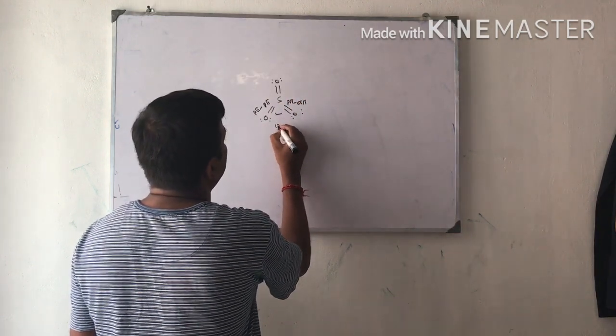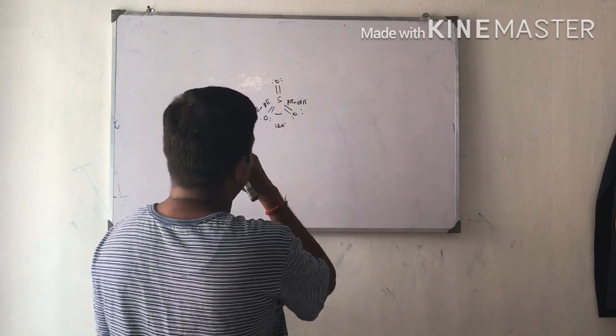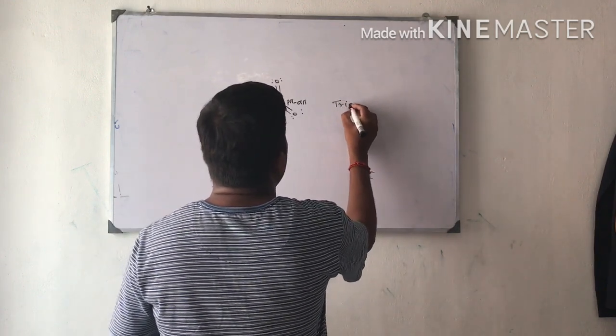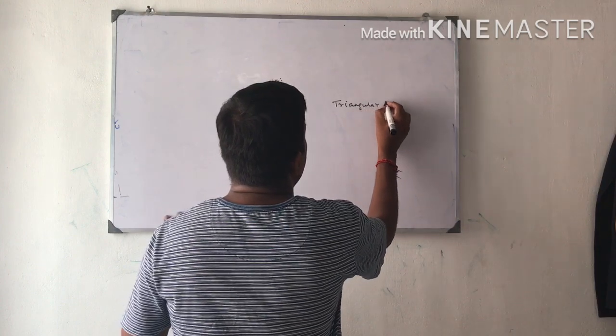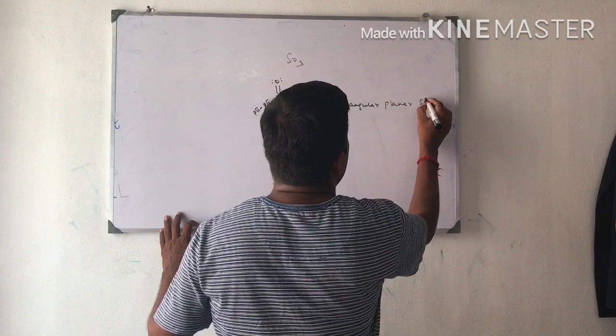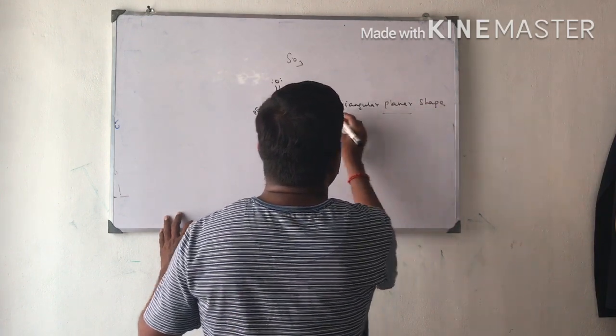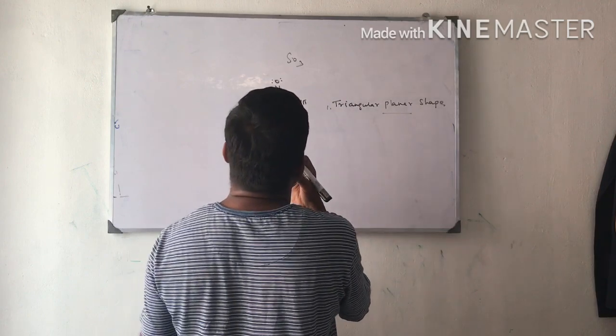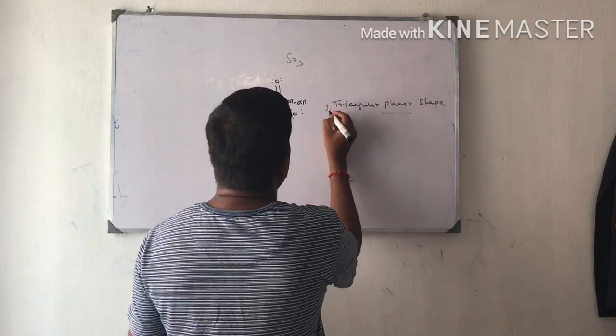Bond angle is 120 degrees. Then it is triangular planar shape, SO3 planar shape. One more thing, it contains p pi p pi double bond.